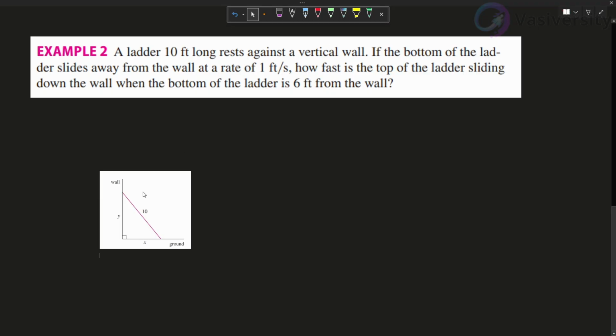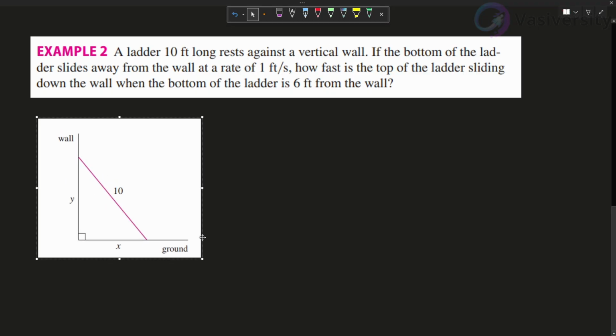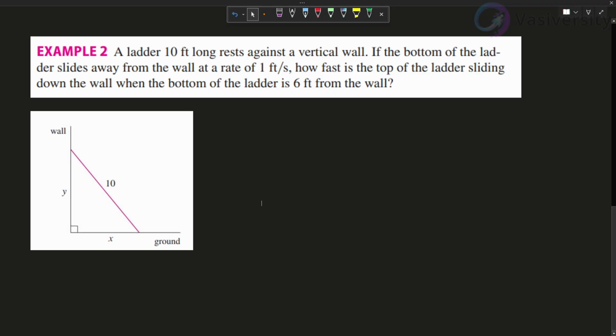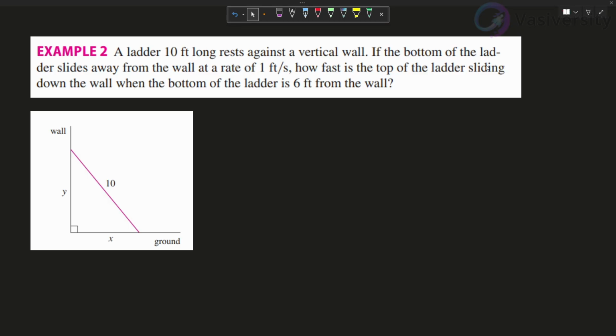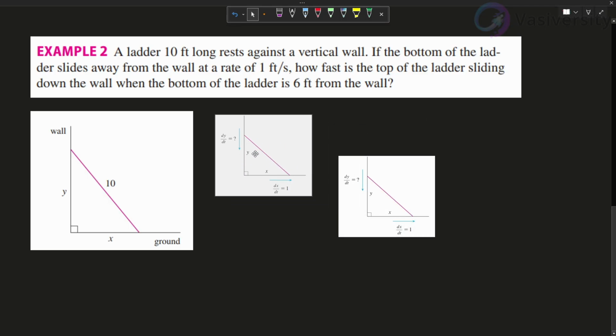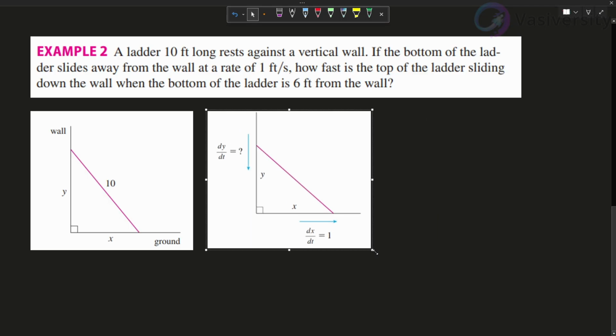We have a wall and a ground, and we know the rate at which the bottom is sliding: in the x direction at 1 foot per second.